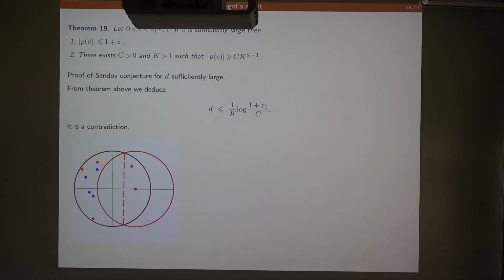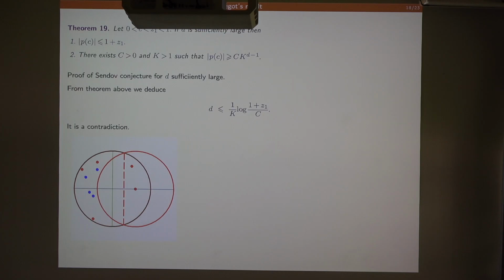The first important result for the conjecture says that if the degree is sufficiently large, then the conjecture holds.